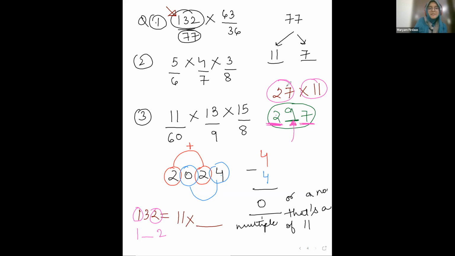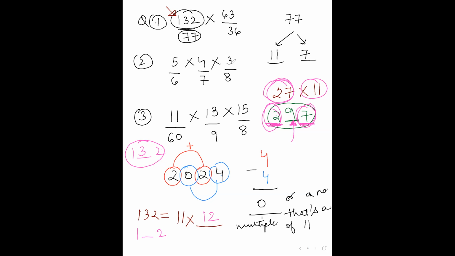So look at this number and tell me, this is 11 multiplied by what? 11 multiplied by 12, because when you do 11 multiplied by 12, the trick is that you give a space between 1 and 2 and you add both of them. 1 plus 2 is 3.